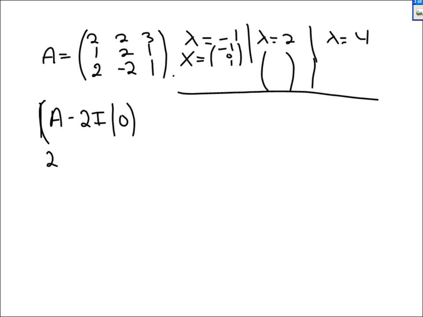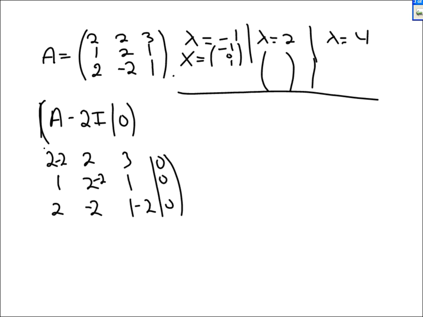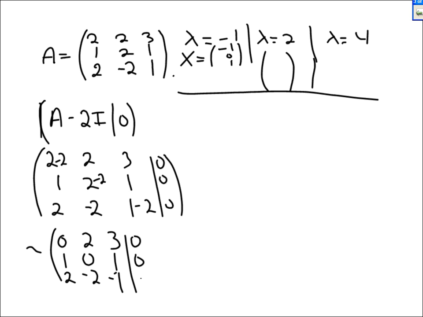So I write down A and I take away 2 from the diagonals and augment it with zeros. This gives me 0, 2, 3, 1, 0, 1, 2, negative 2, negative 1. 1 minus 2 is negative 1, augmented with 0.